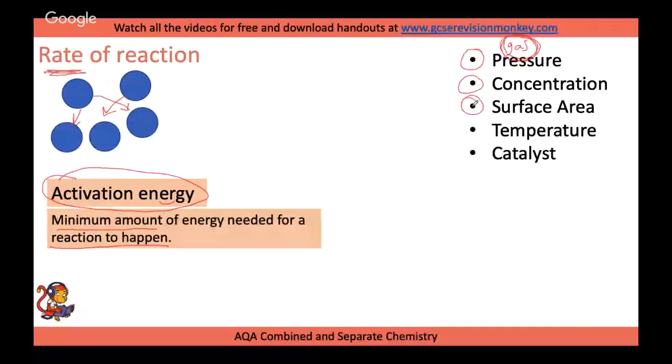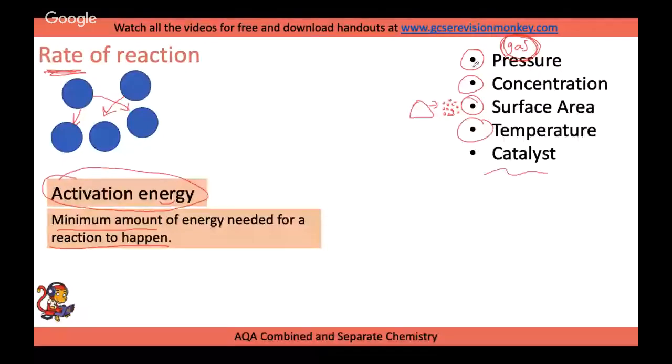Surface area, you'd be talking about solids. So taking a large solid, breaking it down into smaller pieces gives it a larger surface area. So it'll react with a faster rate of reaction. Temperature, you could be talking about any system, a solid, liquid or gas, and a catalyst.